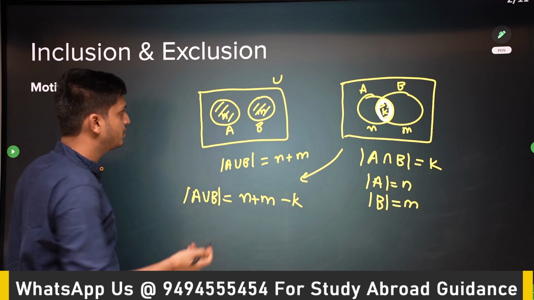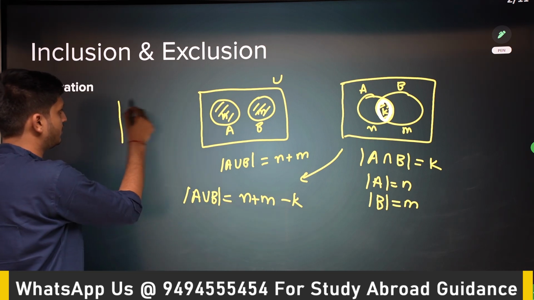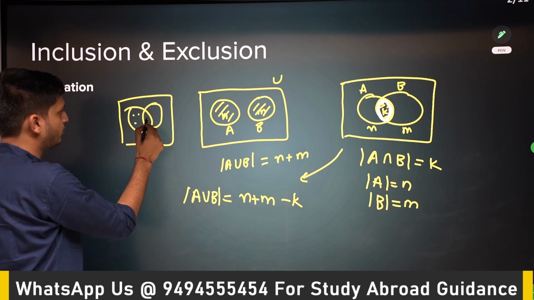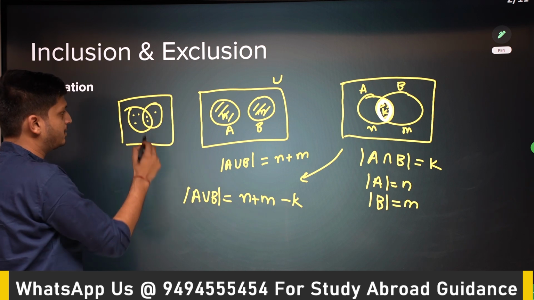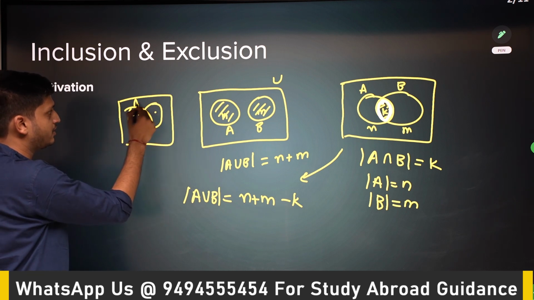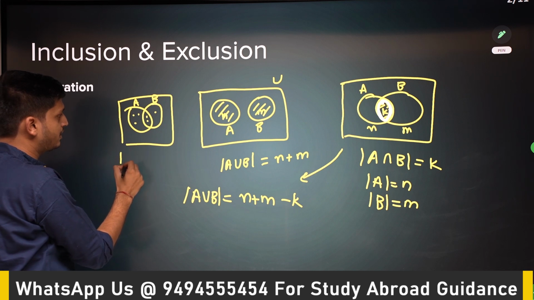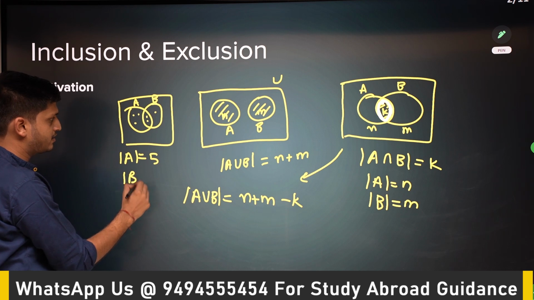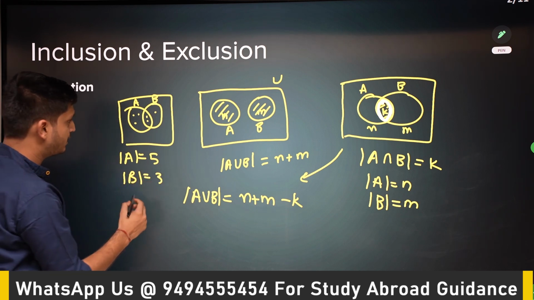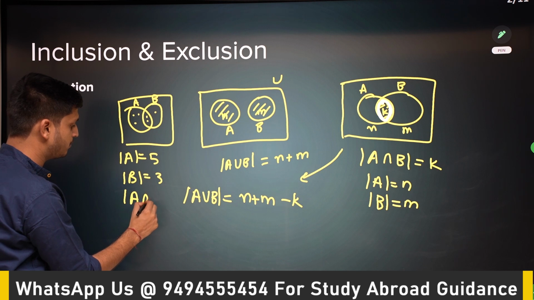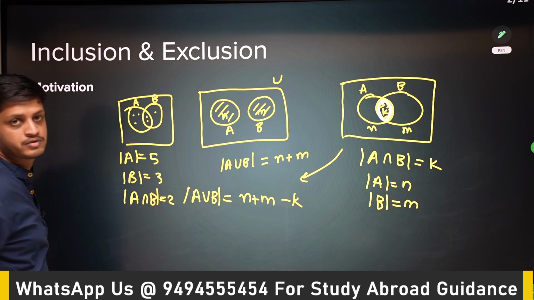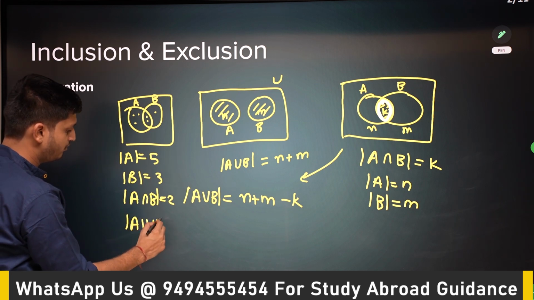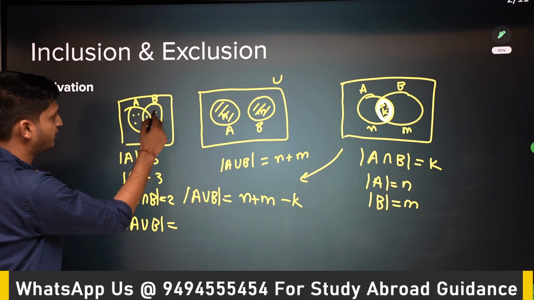For example, let's say A has 5 elements, the dots, and B has 3 elements, but there are 2 elements which are common in both A and B. The total number of elements in A union B, we can count: 1, 2, 3, 4, 5, 6 elements.